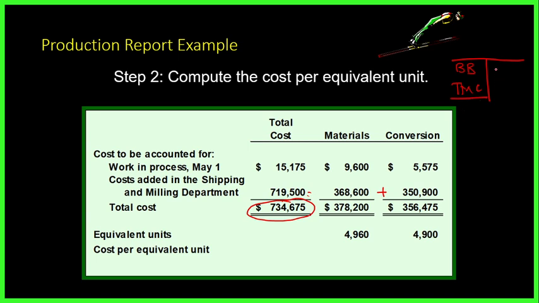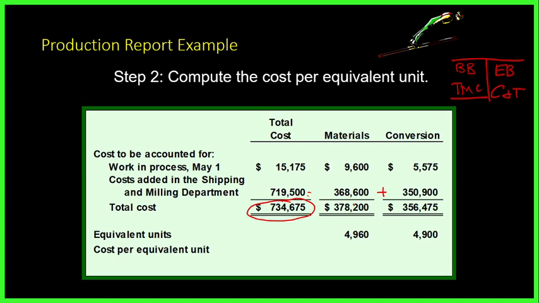And then, cost as accounted for goes to the ending balance and to the cost of goods manufactured. Or, assuming it will go to another department, you can call this completed and transferred. The cost of how much was completed and transferred.